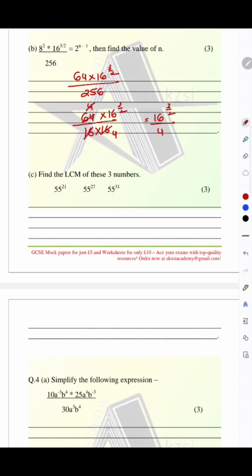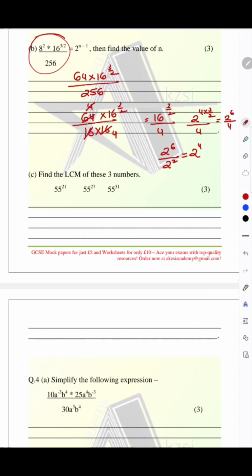So 2 to the power of 4 times 3 over 2 over 4, which is 2 to the power of 6 over 4, or 2 to the power of 6, and 4 can be written as 2 squared. Having the same base number, if you're dividing, subtract the powers, this will be 2 to the power of 4.